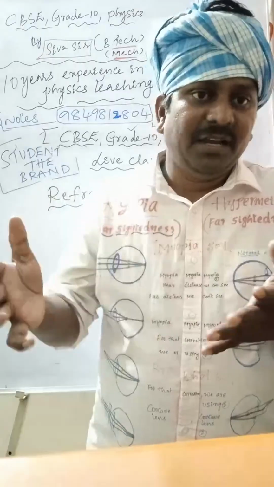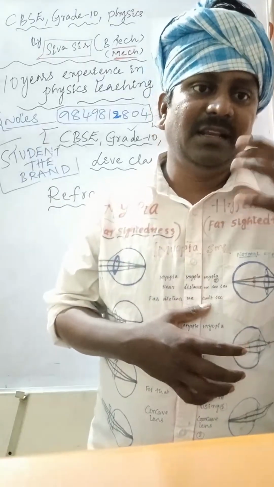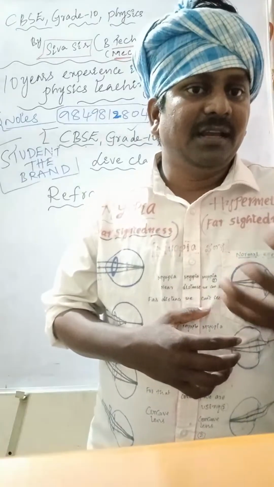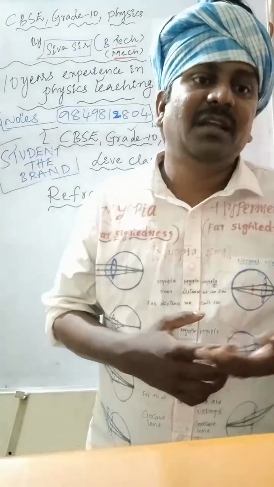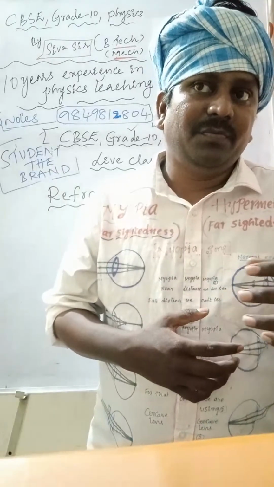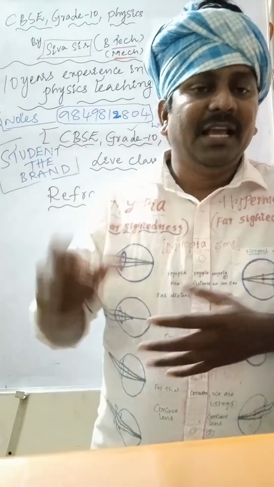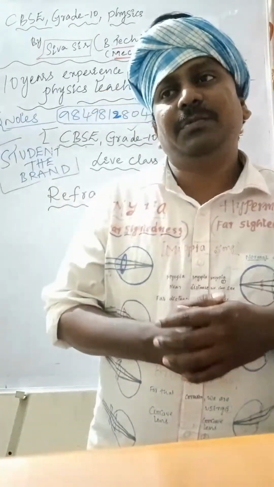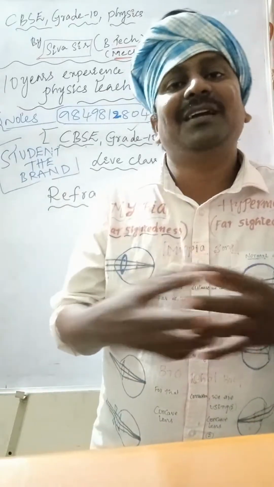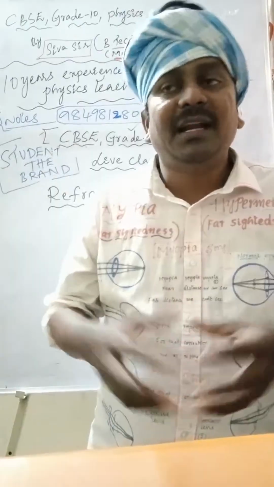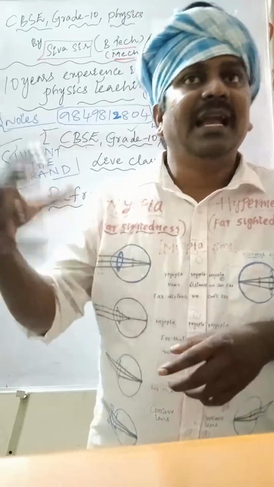Once you listen to the song and the lyrics, students can recognize the concept easily. This chapter is very, very important, and a question on myopia and hypermetropia may come for 5 marks. That's the reason I designed the song.